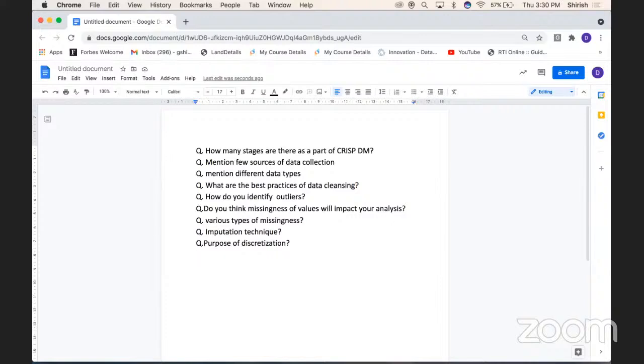Because we are always not getting the same kind of data, right? All your variables could not be numeric. All your variables will not be categorical. It could be a combination of data. Now, why is this important?